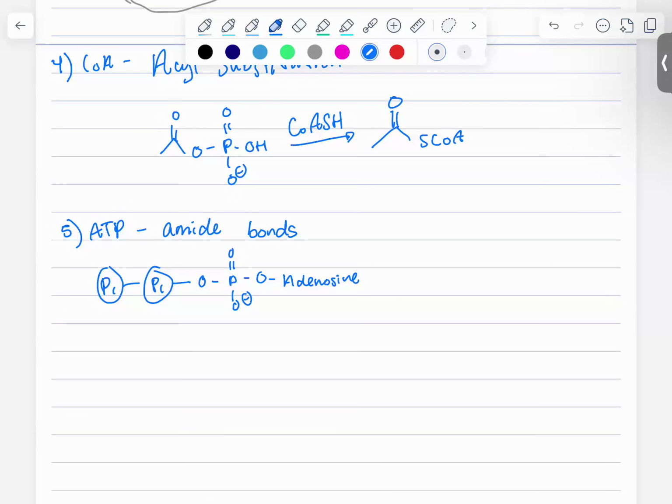And say we had some kind of amino acid here.